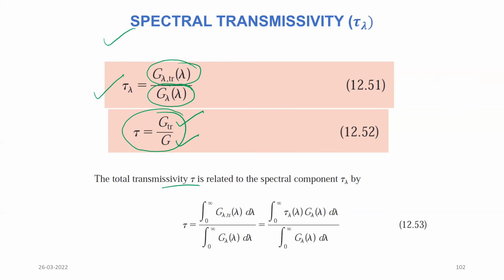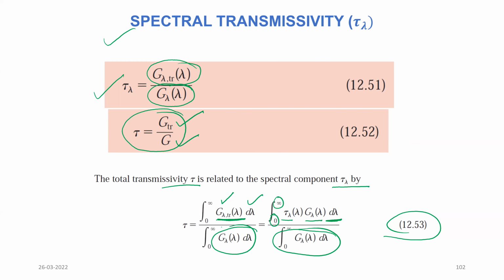The total transmissivity tau can be related to the component tau lambda by equation 12.53, which is the integral of G lambda transmitted d lambda, where G lambda transmitted is equal to tau lambda G lambda, integrated over the whole wavelength range, divided by the total incident energy falling on the surface, which is the integral of G lambda d lambda.